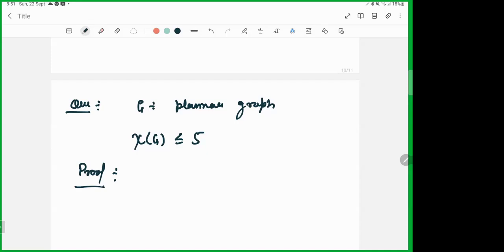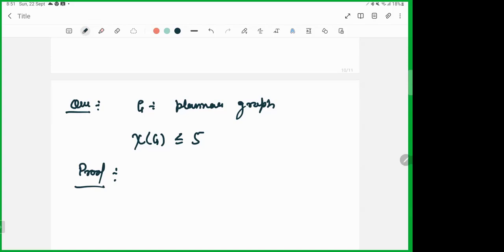So for arbitrary graphs, if you take any graph, then of course you will need at least 5 colors in the general case, because you have a vertex of degree 5. In that case we will definitely need 5.